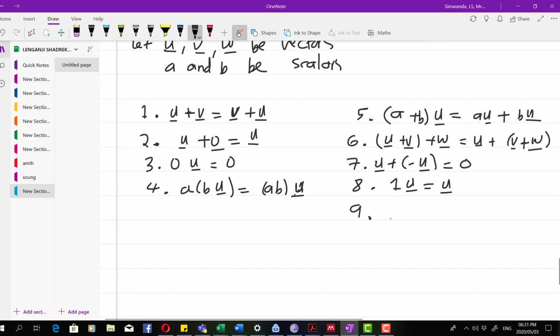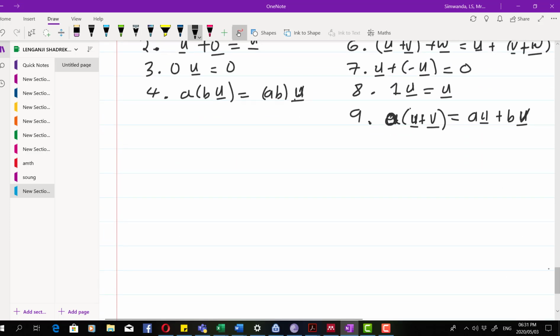And then the last property is where you have a scalar quantity a, and you multiply it by the vector u plus the vector v. You can always distribute as follows. So that's what we have in terms of the various types of vector operations which we can come across.